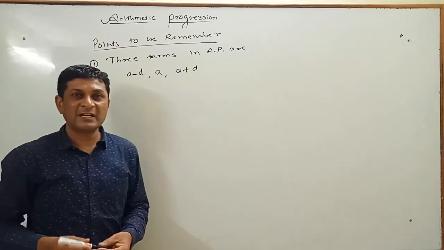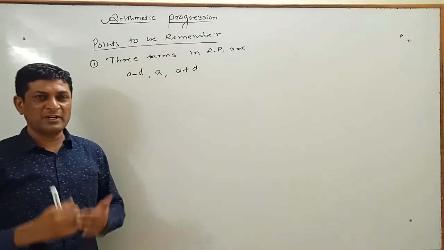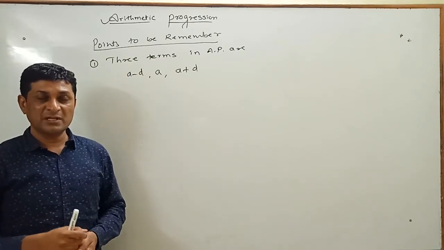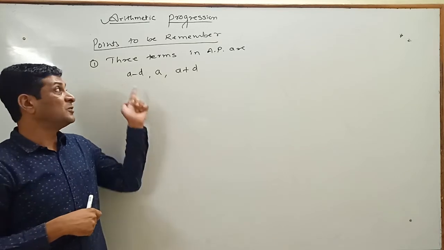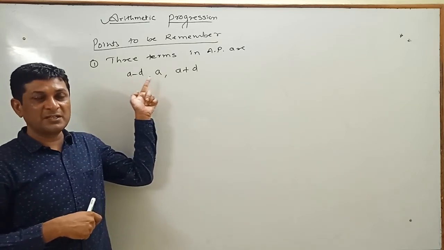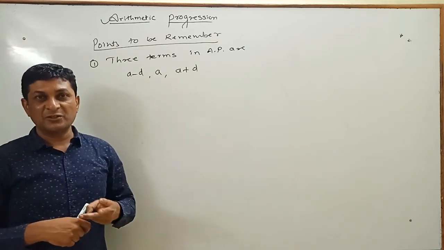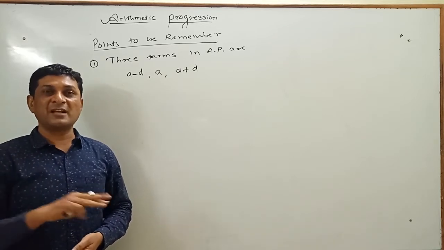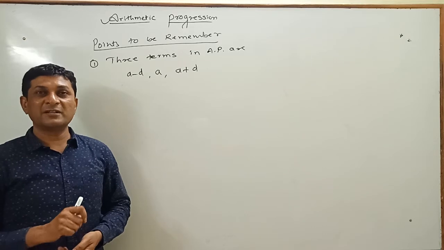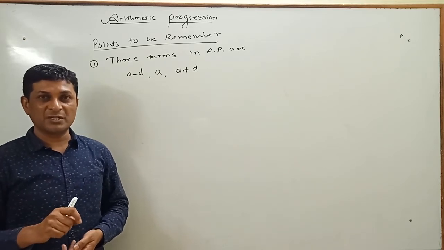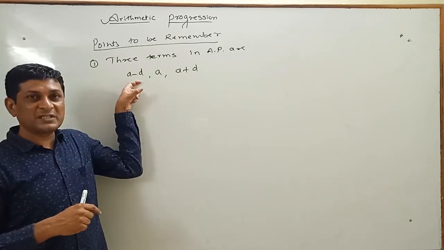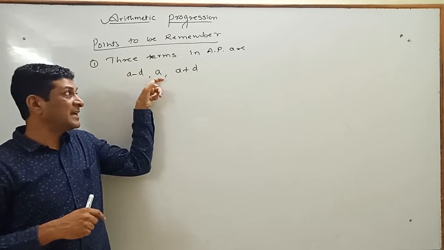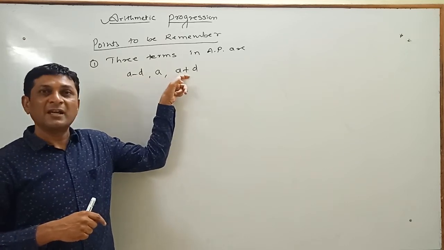Whenever the example is related to three terms in arithmetic progression and some conditions are given to us, then for simplicity, denote the three terms by a minus d, a, a plus d. For example, if the question is to find the three angles of a triangle, where the angles are in arithmetic progression, denote the first angle by a minus d, the second angle by a, and the third angle by a plus d.